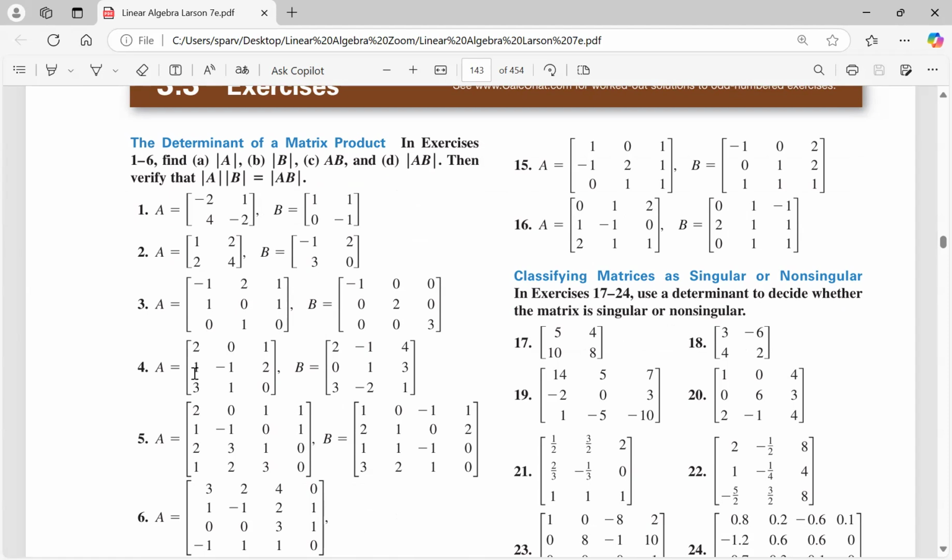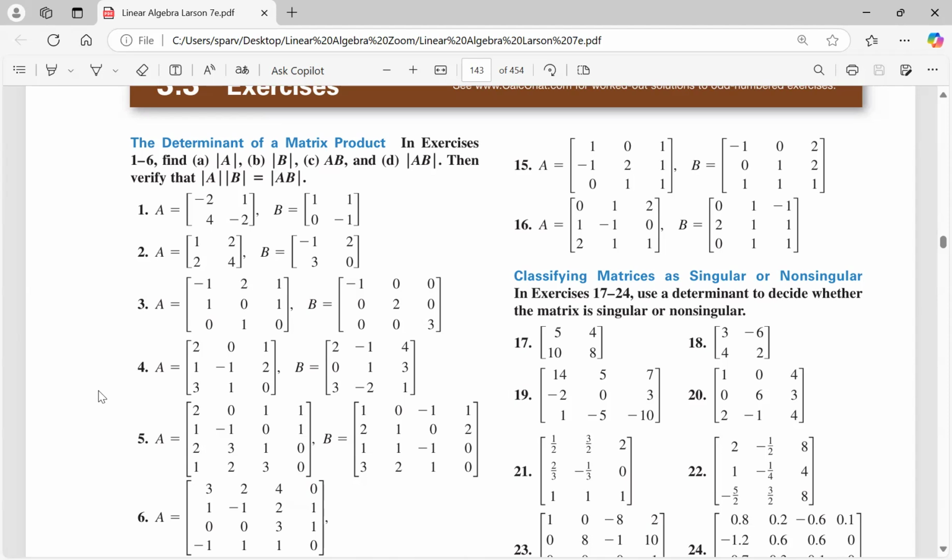In number 4, the question says find the determinant of A, the determinant of B, then the product AB, and the determinant of AB, and verify the product rule that the determinant of AB is the determinant of A times the determinant of B. For number 4, I'm going to cheat a little bit.